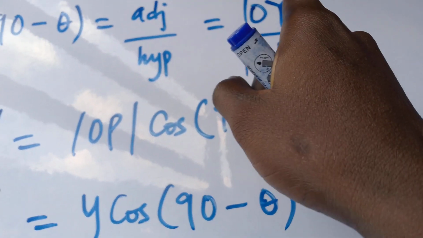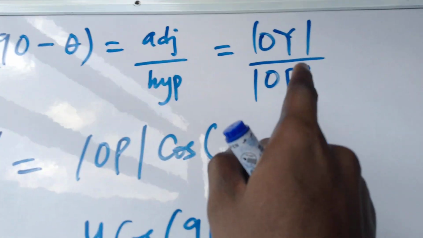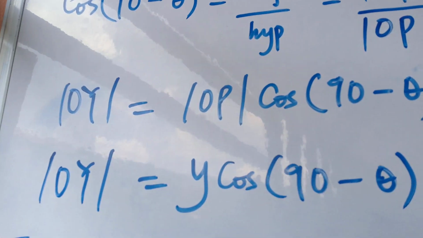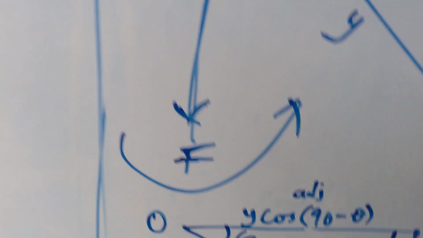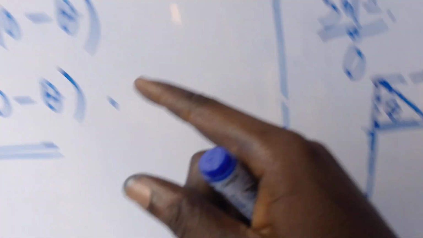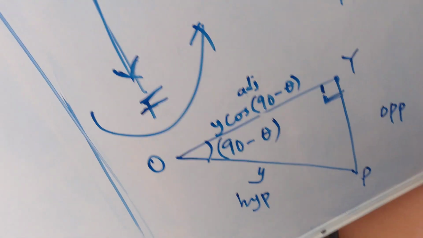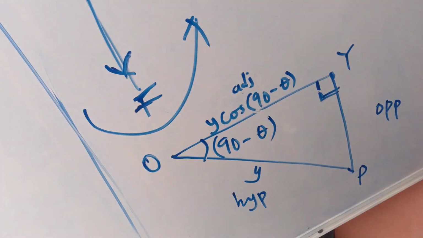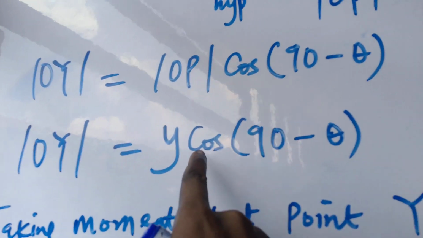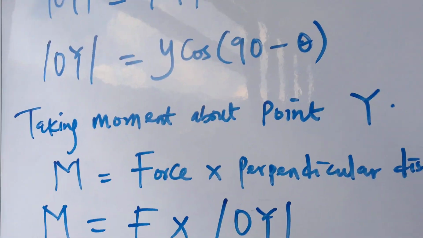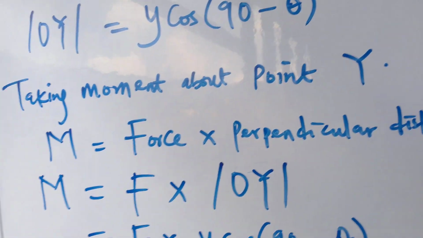Making OY subject of the formula, I cross multiply and have OP cos 90 minus theta. The value of OP is small y, so in place of OP I write small y cos 90 minus theta. We're taking moment about point Y.